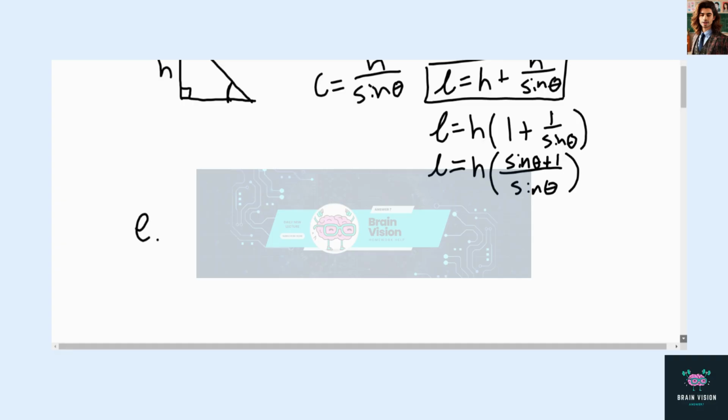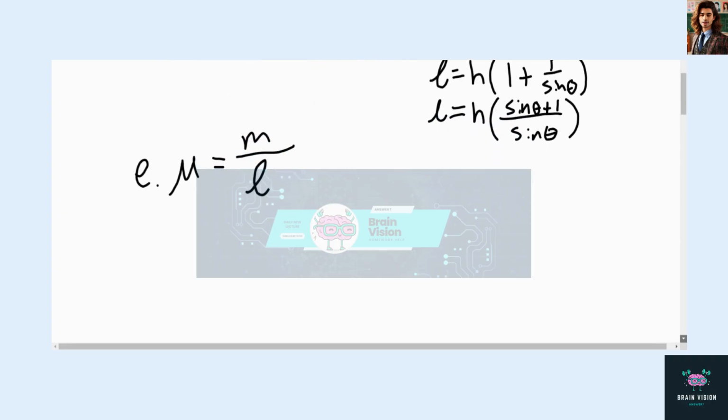And in this part, we want to find mu, the mass per unit length of the string. That is going to be equal to the mass of the string, little m, divided by the total length, cursive L, which is easy enough.